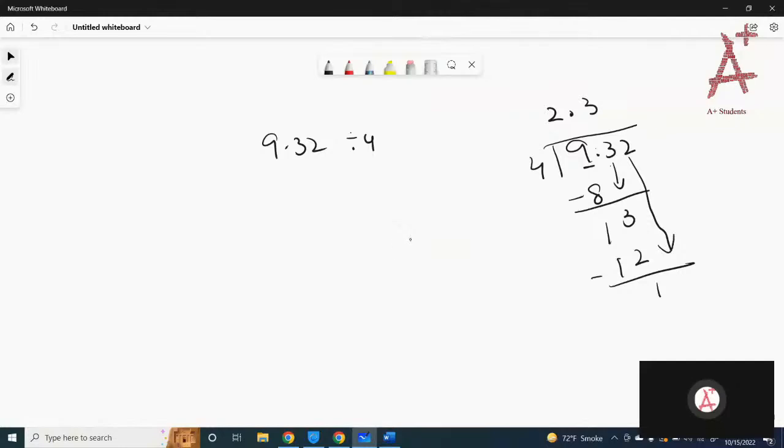Now bring the last digit down. So 4 times 3 is 12 and 12 subtract 12 is 0. So 9.32 divided by 4 is 2.33. Got it? So select the correct option and click on the OK button.